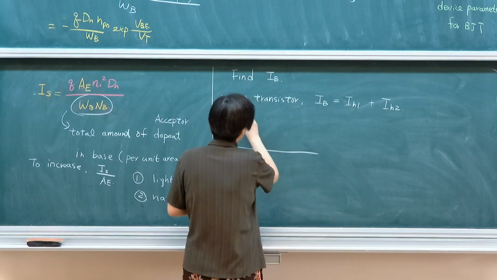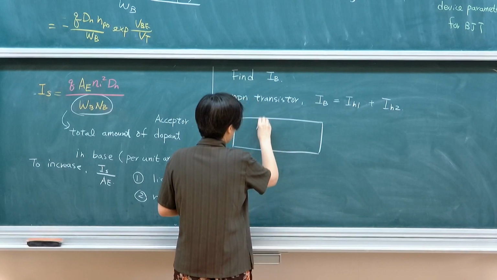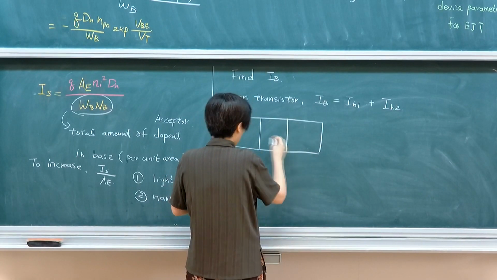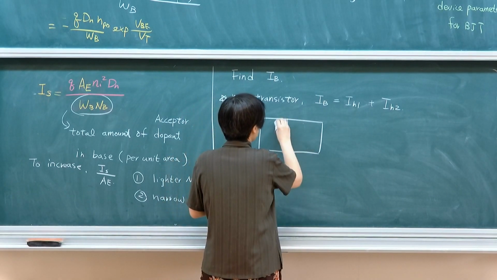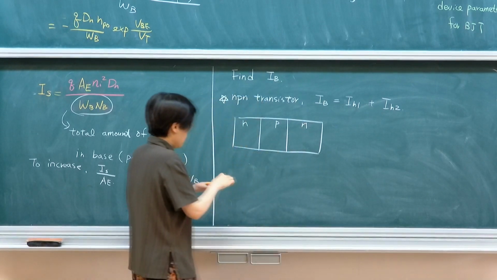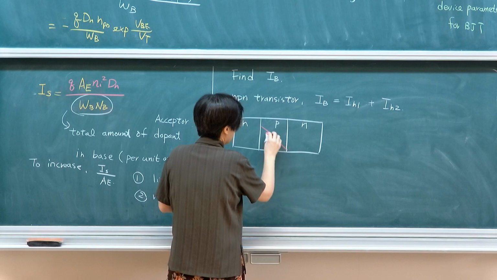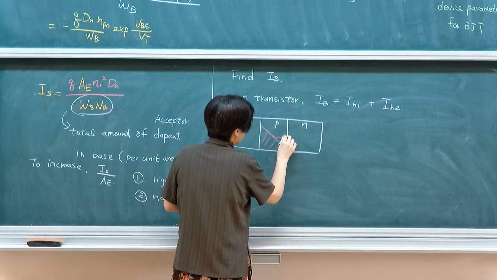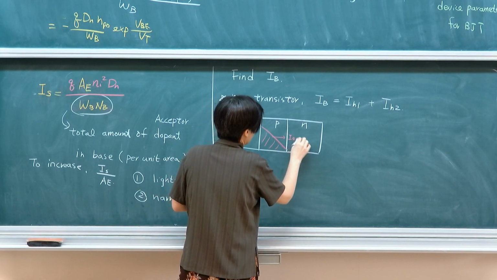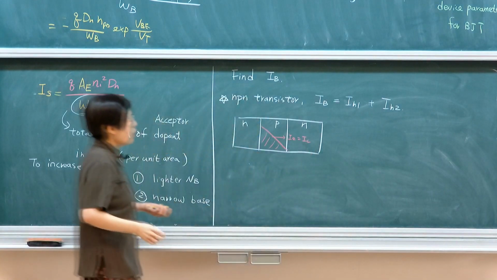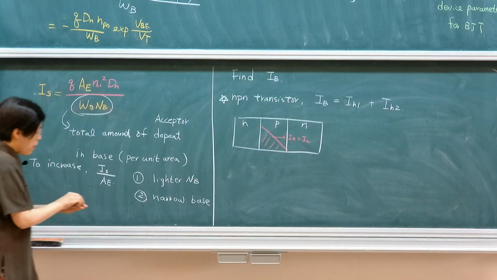In a real discussion, it will be something more like this. So this is NPN. Remember I have electrons here. This is the main current that will contribute to electron current and then becomes the collector current.